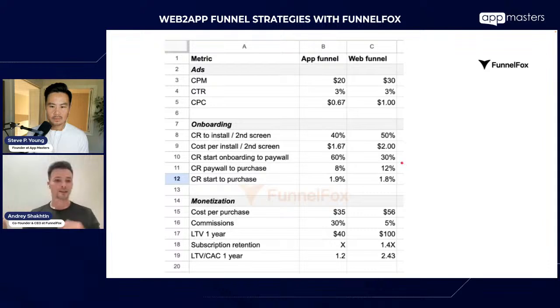It's the same thing in web funnel. They just need to decide if they are ready to proceed to the quiz or not. This is why the whole funnel, if you see the conversions, they're similar. So 1.9 on app funnel and 1.8 in web funnel.